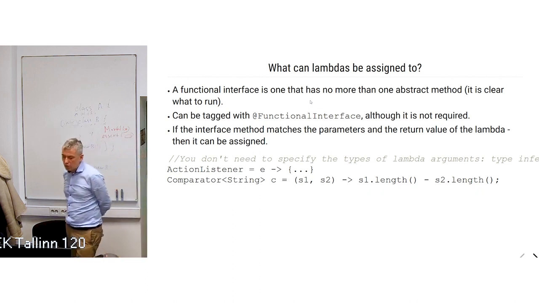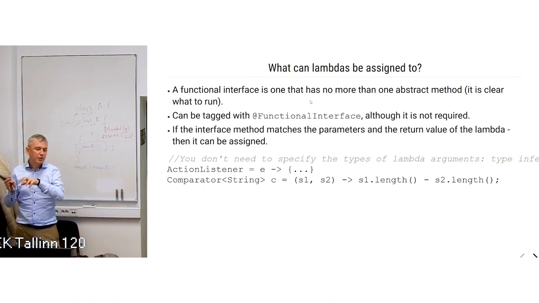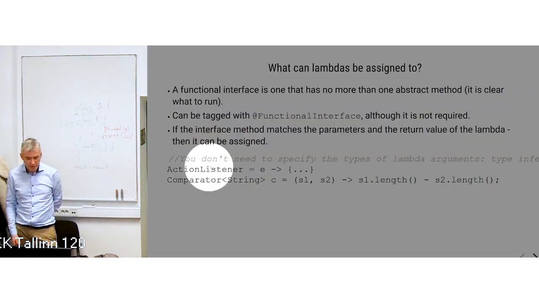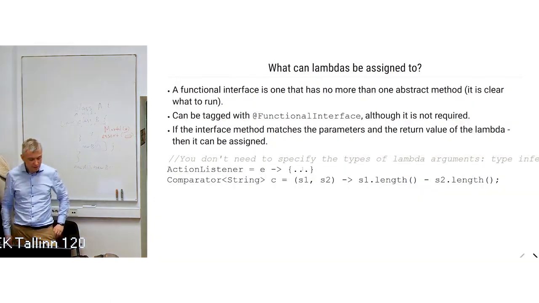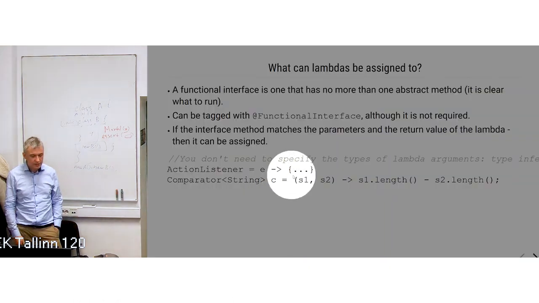In order to assign a lambda expression to a functional interface, the interface method must match the parameters and the return value of the lambda. Like in this example, ActionListener is something like e to something, it doesn't return anything, so it might be void.